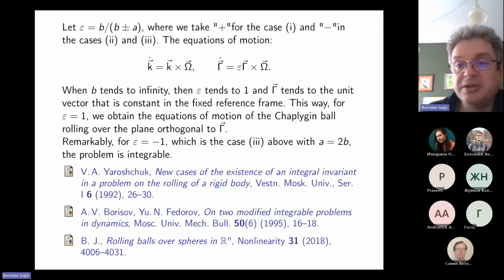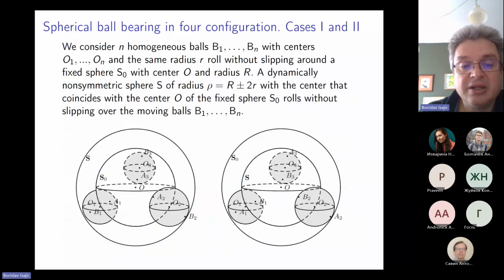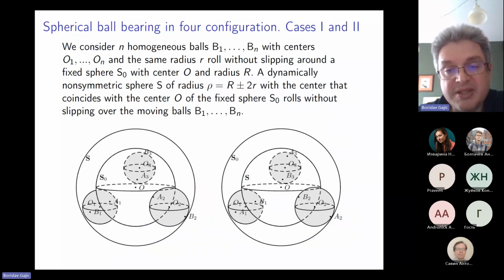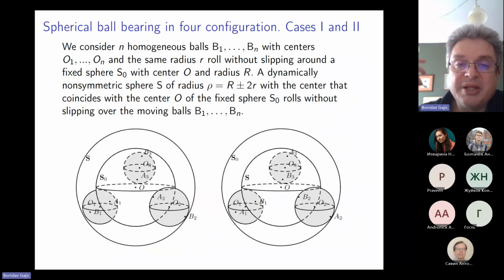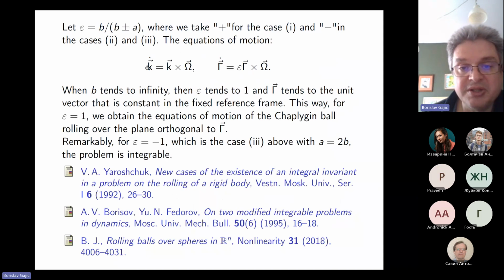There are no other models. Our attempt is to produce a nonholonomic system that, after some reduction, gives a similar form of equations, but with some additional modification, and then in some specific particular case reduces to these Chaplygin ball problems.